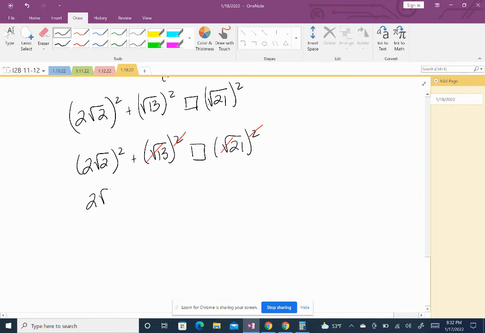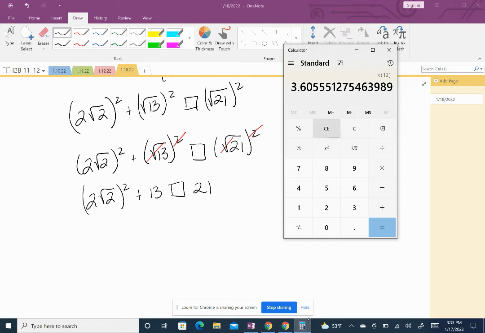So it's going to be 2 square root of 2, all that's squared, plus 13 is something, 221. So if you're not sure if you're supposed to square just the outside 2 or both, it doesn't hurt to double check in the calculator. But just make sure you keep track of what you're doing.